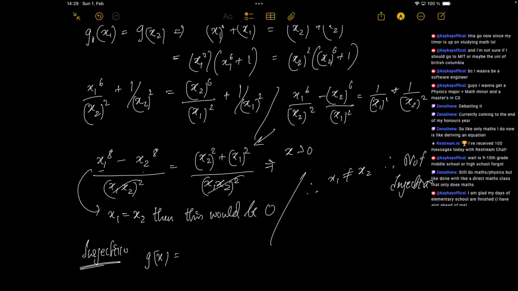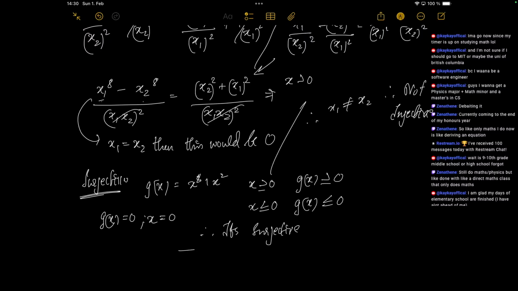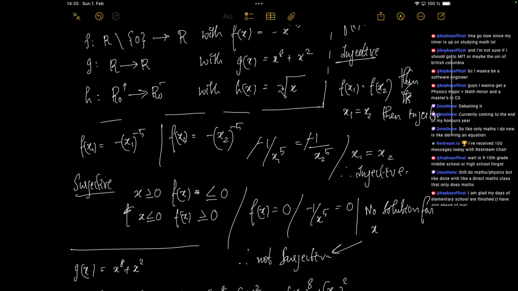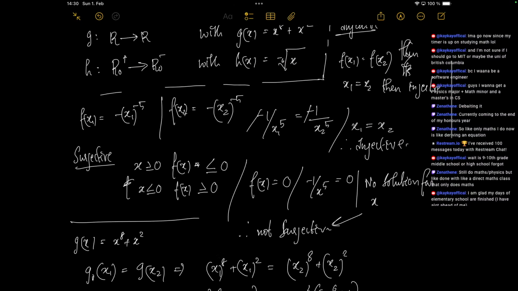G of x. Yeah, but so that means it. Therefore, it's injective. Surjective. The minus.